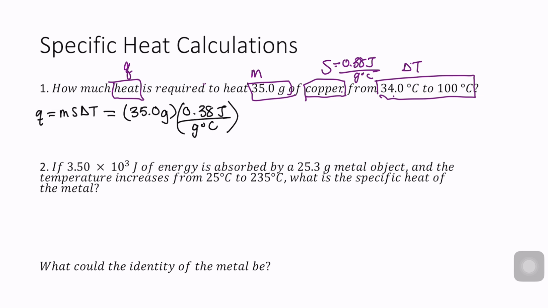But remember, delta T is equal to my final temperature minus my initial temperature. So that is going to give me my delta T. When we calculate that out, we get 66 degrees Celsius.